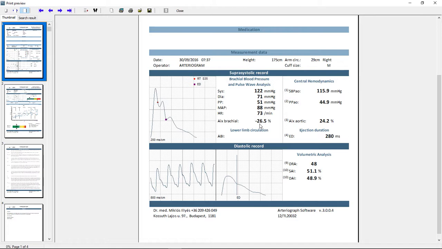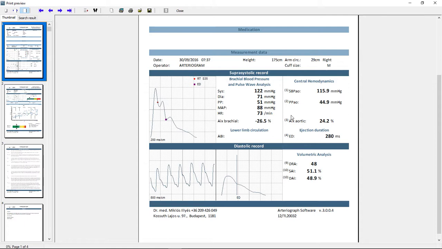Here you can see the aortic and brachial augmentation index. In the central part, as I mentioned, we can see the aortic augmentation index, the aortic systolic blood pressure, the aortic pulse pressure, which is the difference between systolic and diastolic pressure, and we can also see the ejection duration.